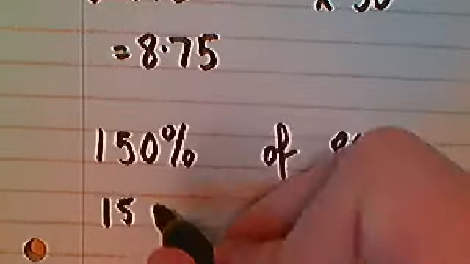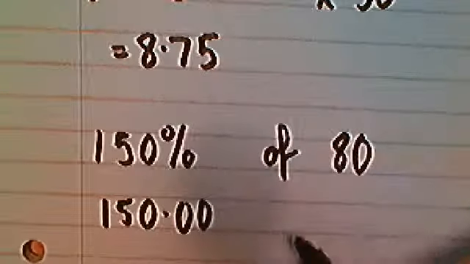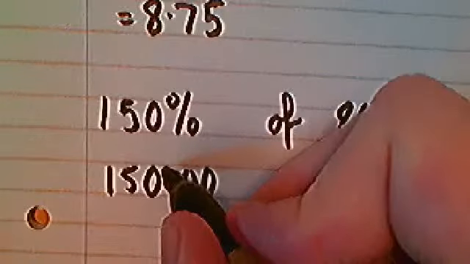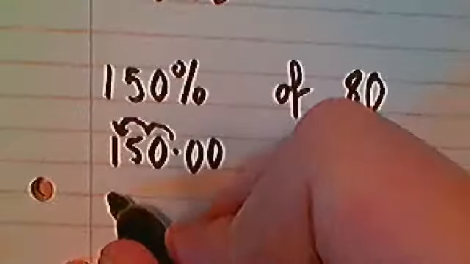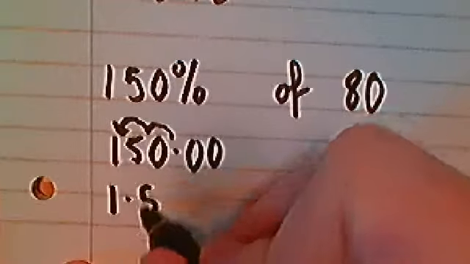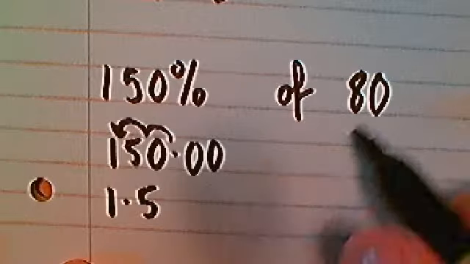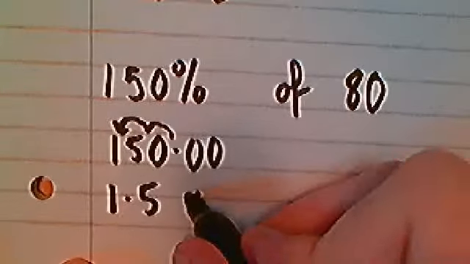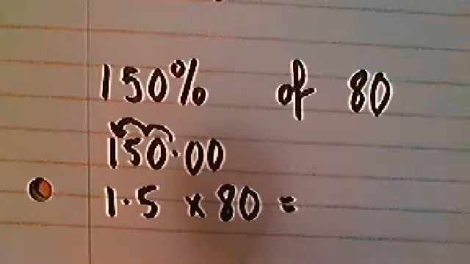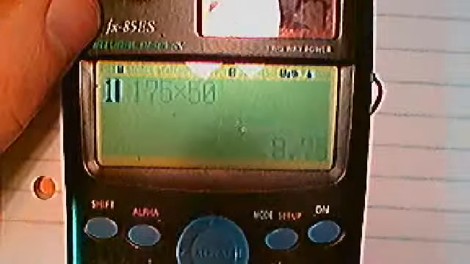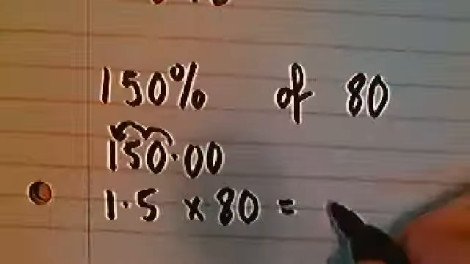It's the same thing as 150, just move the decimal point twice to the left. So you then get 1.5. Now that you have your 1.5, you're going to do the exact same as before and multiply that by 80. And as you see on the calculator, 1.5 times 80 equals 120.